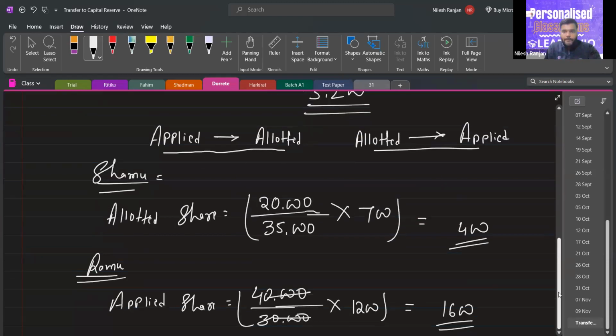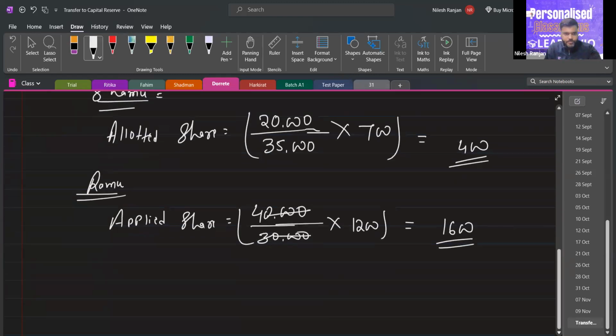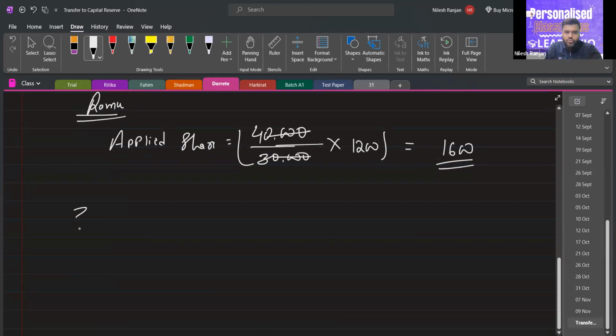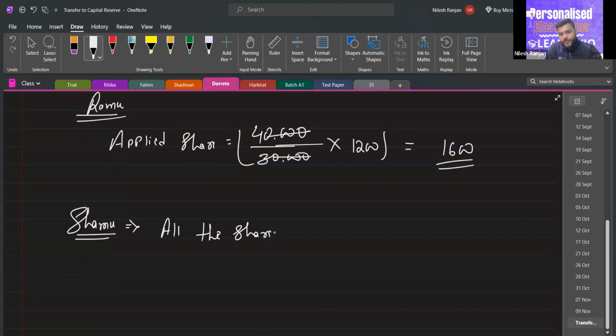Now, Shamu's shares are forfeited and all the shares of Shamu are reissued, and the balance shares from Ramu's shares.